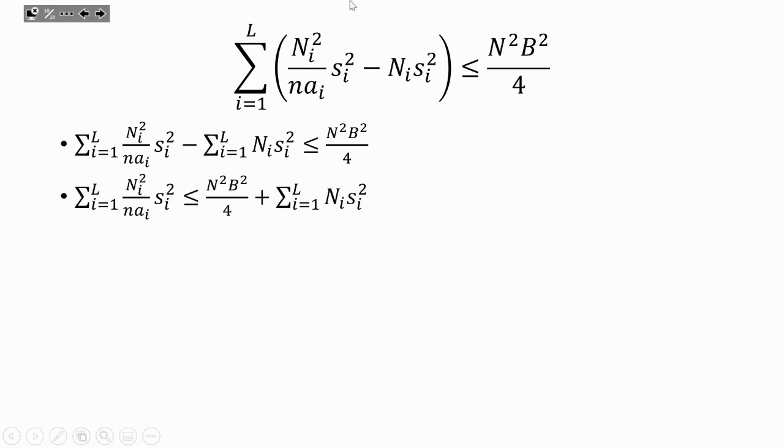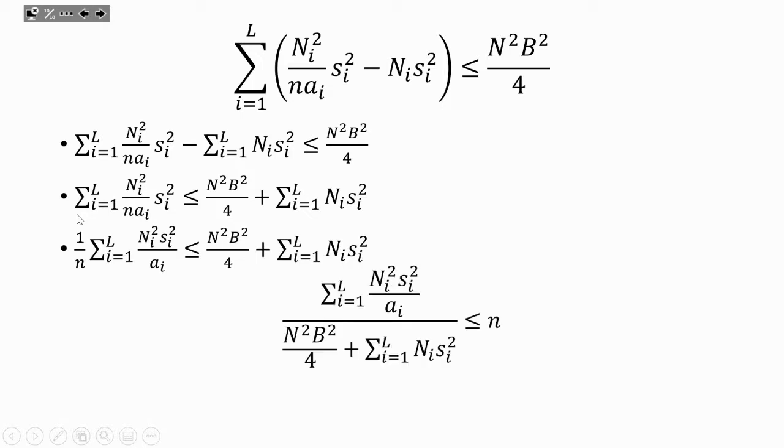So we can start by adding the sum of big N times s squared to both sides of the inequality. And then we can pull the 1 over little n outside of the summation, because that doesn't depend on i. So we can factor that out. And then we're trying to get n by itself.